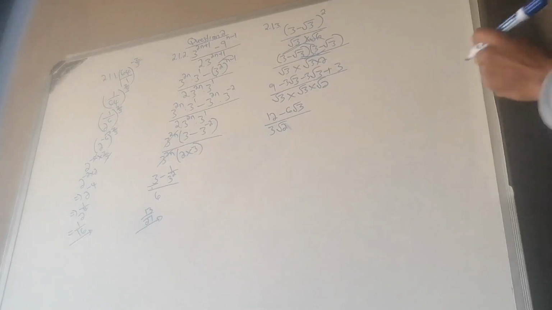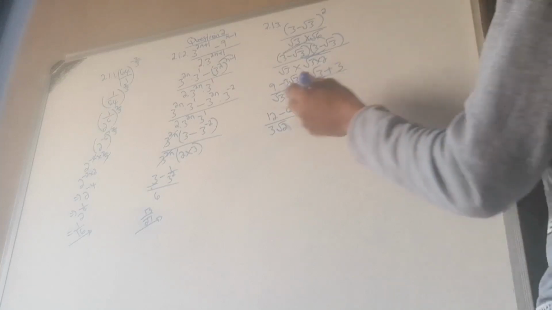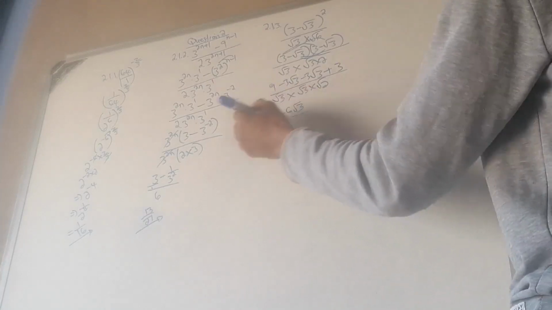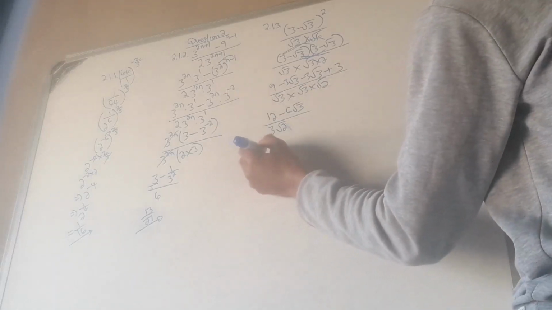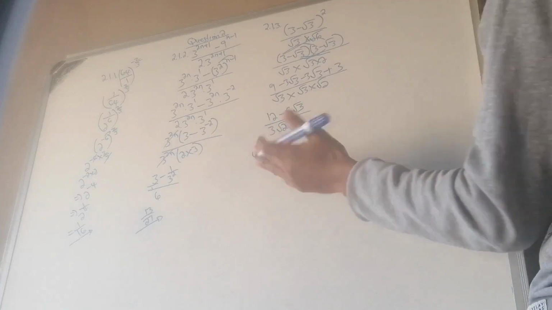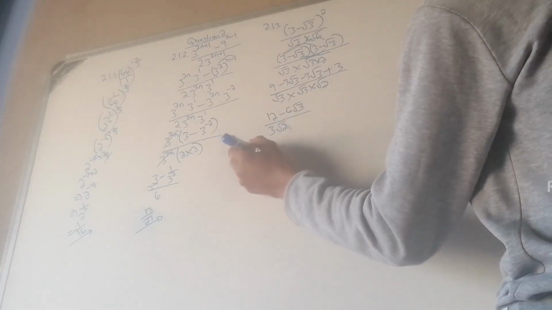From there, there's a common factor that I can take out on top, which is 3. I can even take out 6, but 3 is still fine.